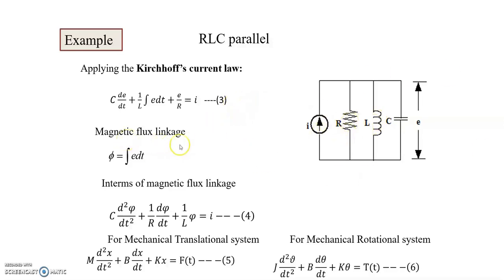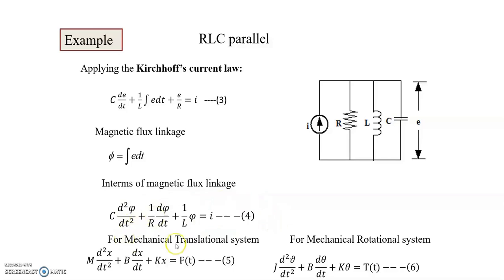In terms of magnetic flux, you can write phi is equal to integral of E dt. Changing the equation in terms of magnetic flux: C d²phi/dt² plus 1/R dphi/dt plus 1/L phi is equal to i. Name it as equation number 4.